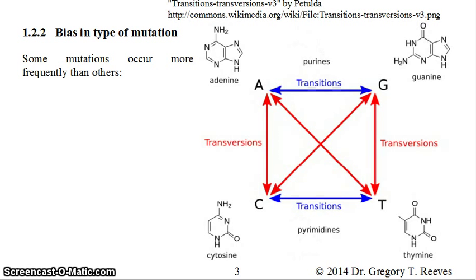Okay, so back to the idea of the bias in the type of mutation. These researchers recognized that some mutations occur more frequently than others. Single point mutations are typically categorized 2 different ways.